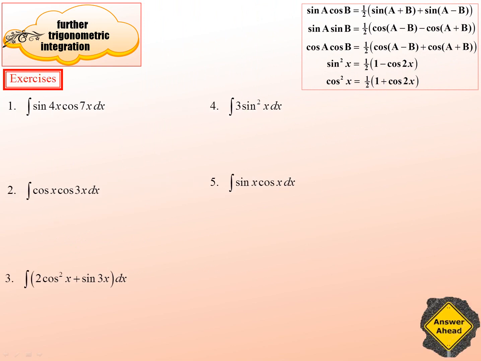Some practice. Sine cos. So we have a look and say, well, which one has a sine cos? There we are. So it's 4x 7x. So the sine cos, I'm going to have 4x 7x, 4x 7x.